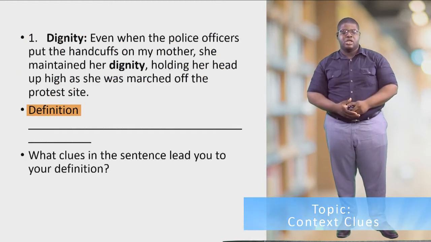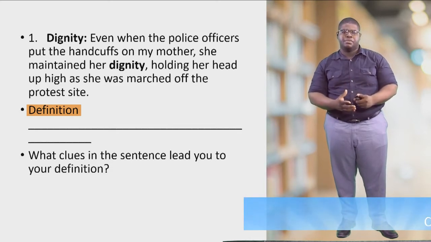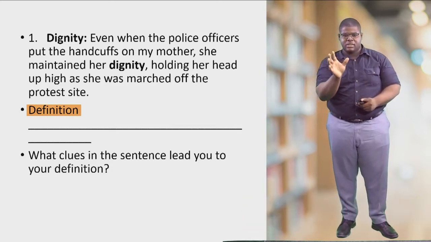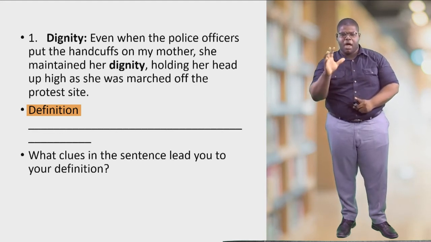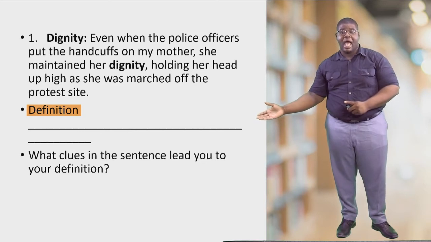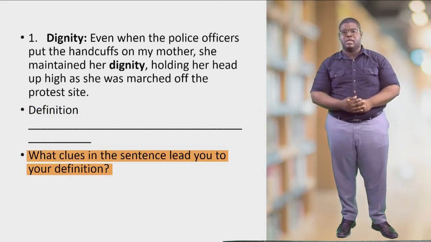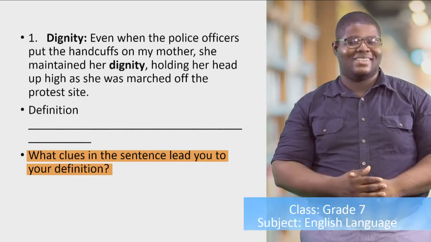So I want you to think of how you would define the word dignity. Look at the entire sentence, and from it, what context clue can you use to help you define the word? And then the question is asking what clues in the sentence led you to your definition. Think about it.